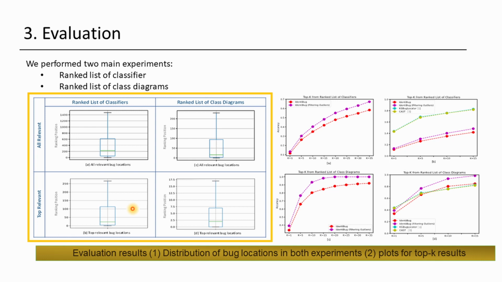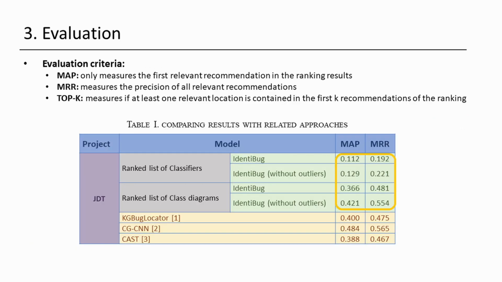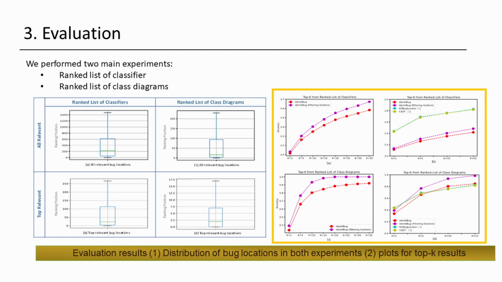We can see an improving effect for the rank list of class diagrams on the metrics of MAP and MRR shown in Table 1. Moreover, the top K metric is close to the state of the art and has even a higher accuracy for top K of 10.